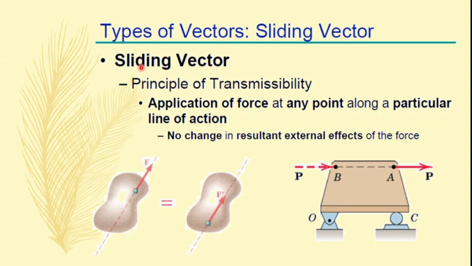In case of a sliding vector, we use the principle of transmissibility, which actually defines the application of force at any point along a particular line of action.